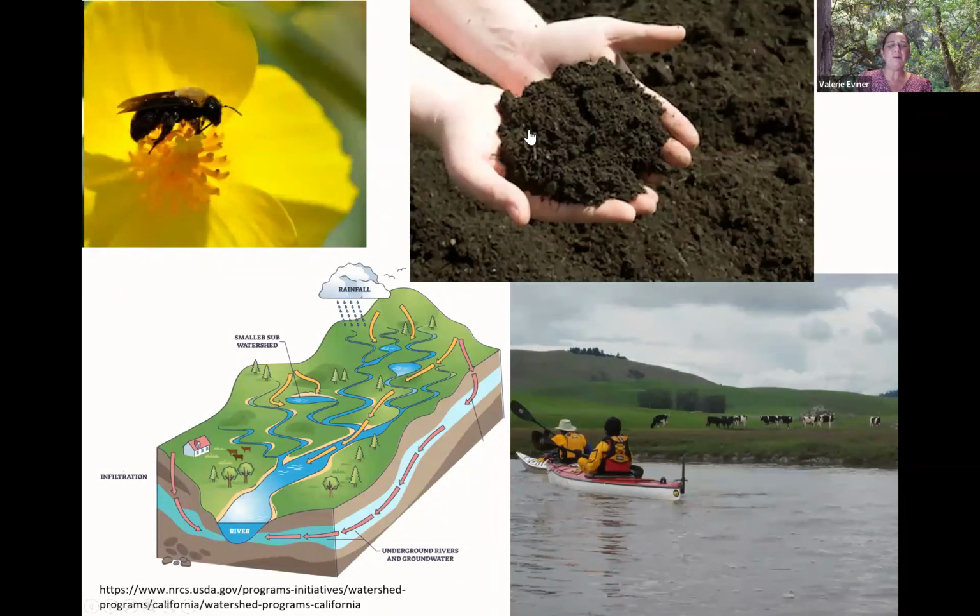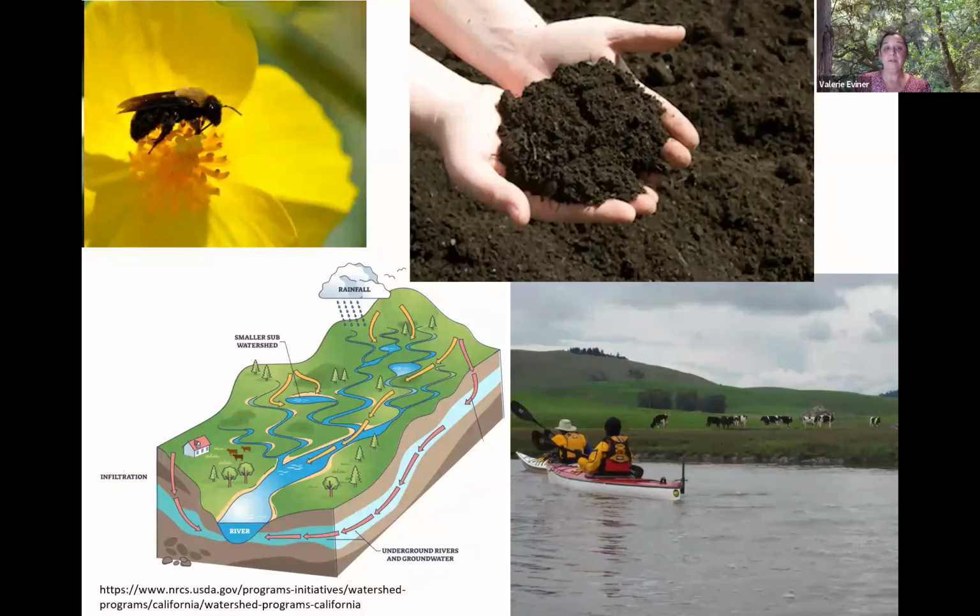We might think, well, we're a seasonally dry system, maybe we're not that important in terms of carbon storage, but we actually store as much carbon as some of those very iconic Midwestern grasslands with a very deep soil organic matter. So we have an important role to play in carbon sequestration here in California.